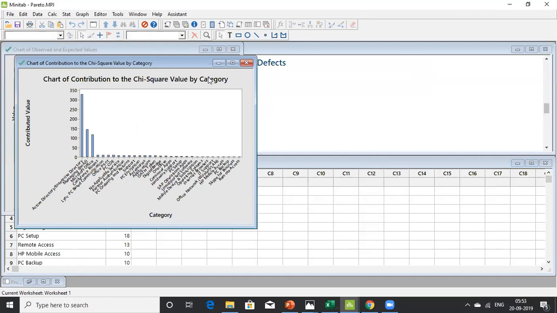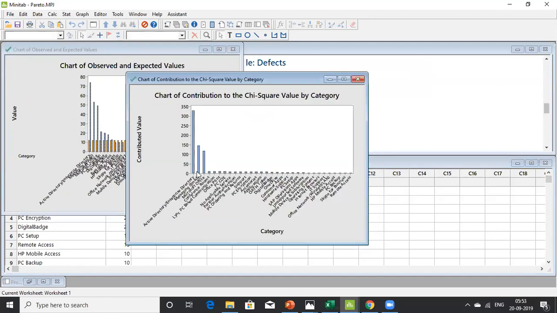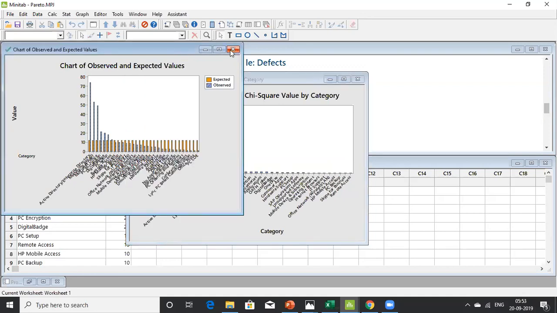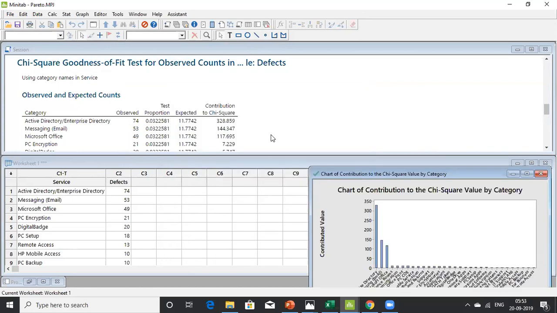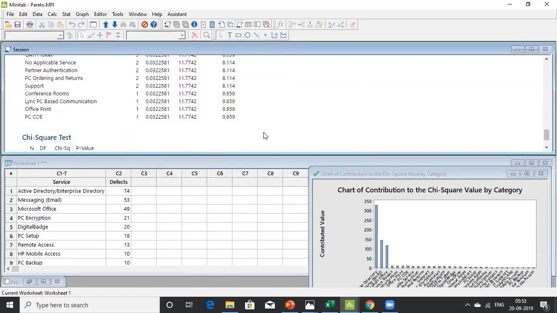So this is the Pareto that we did earlier. Here it clearly shows the first 3 bars are the top contributors, and we can always conclude that, yes, of course, this particular X has a significant impact towards Y, and we should start working on it. Now I am trying to prove this, so I do my chi-square test and look at my results.